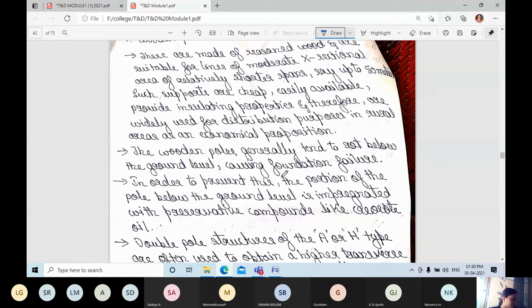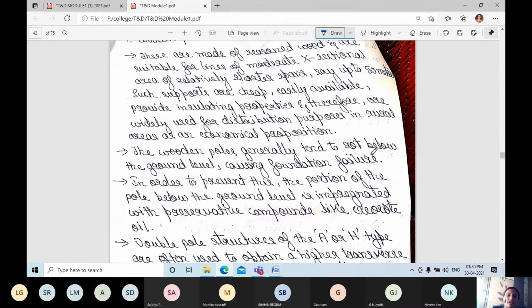For example, this is a wooden pole and this is the ground. Insects will bite it and it will get damaged here. Wooden poles generally tend to rot below the ground level, causing foundation failure.